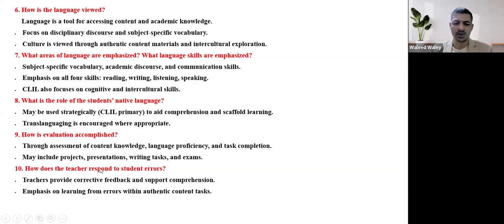And how does the teacher respond to students' errors? It's very important. Teachers here provide corrective feedback and support comprehension, okay? And emphasis on learning from errors within authentic content tasks. And here is a question. What does the word authentic, or the authentic texts, mean?